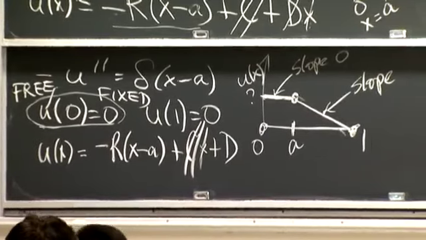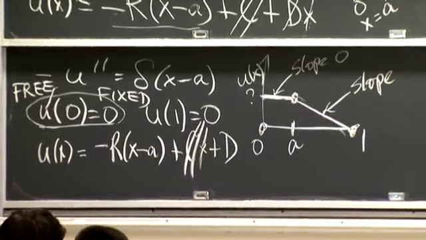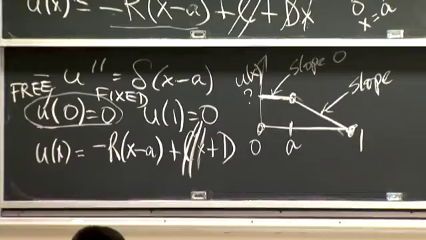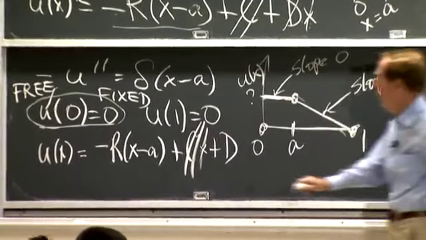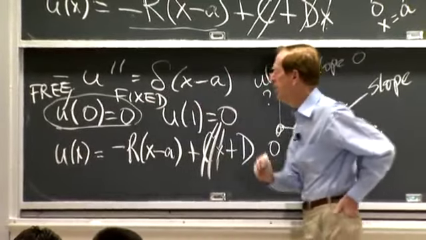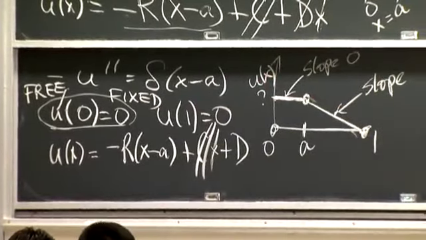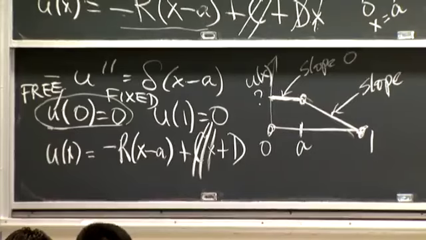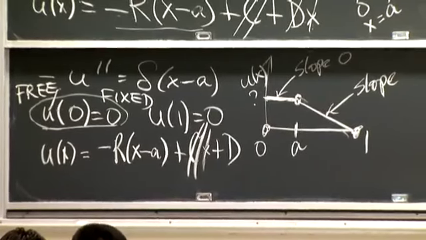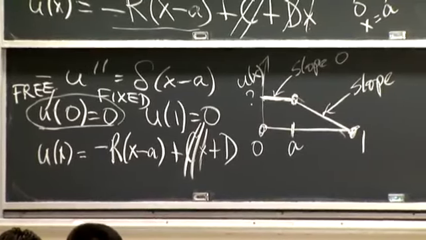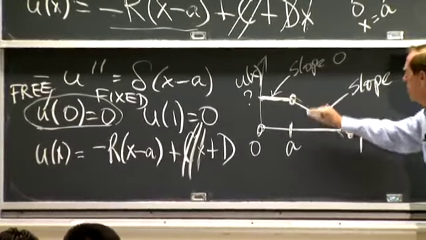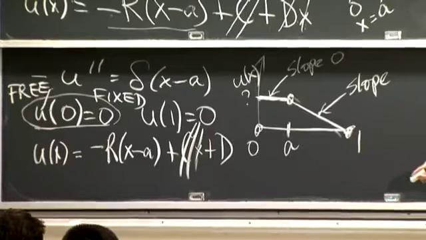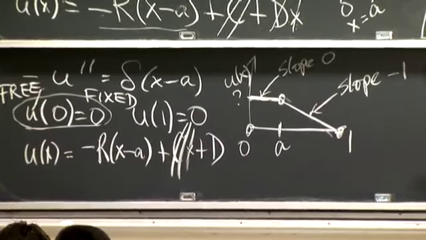What's the slope in the second part? That's the key. And you know what it has to be, because what happens to the slope? If I have the second derivative as a delta function with that minus sign, the slope drops by 1. And the slope here is 0, so the slope here is minus 1.